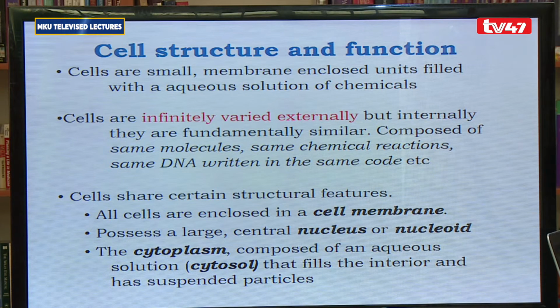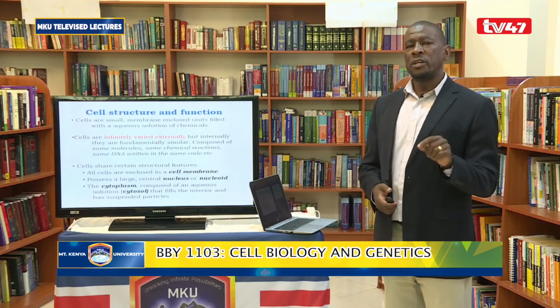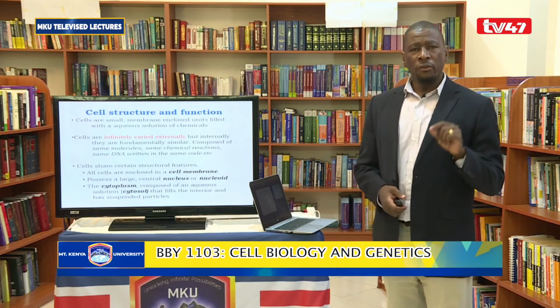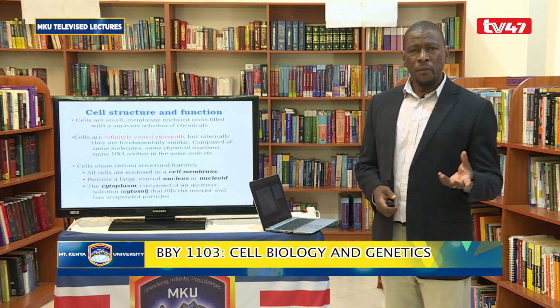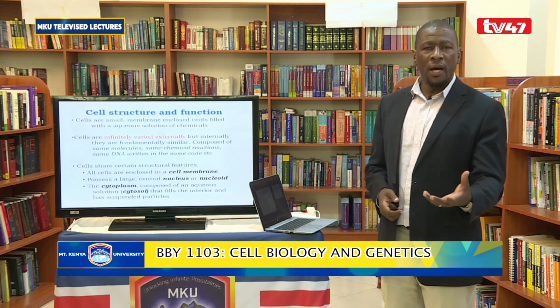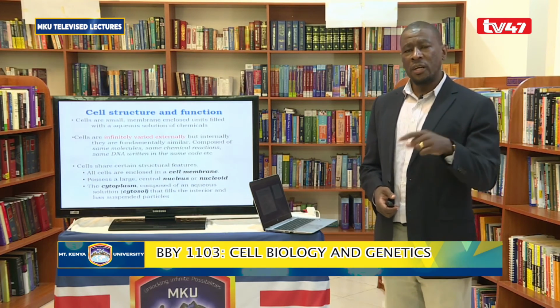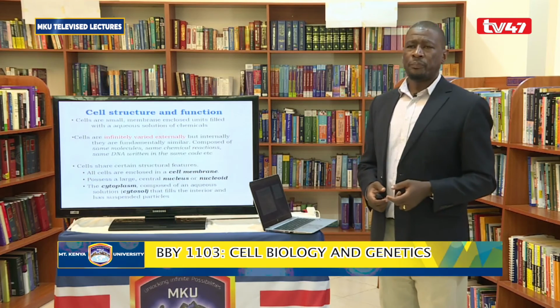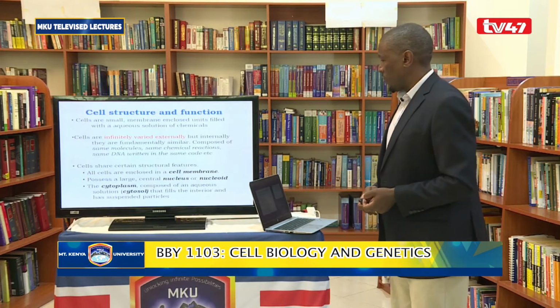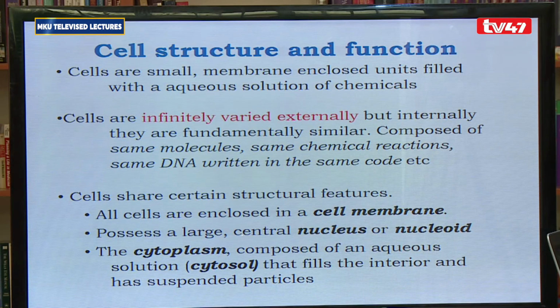That's why we have varied organisms. And interestingly, the genetic information is written in the same code. So the same code is used everywhere. You can say the same language is used to translate the genetic information into the different organisms that we have.